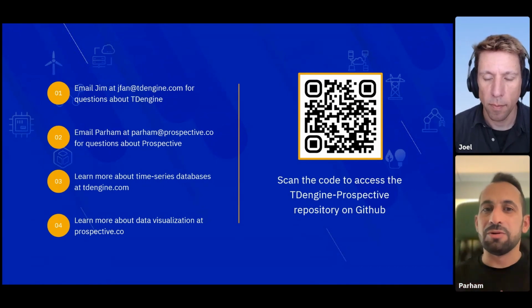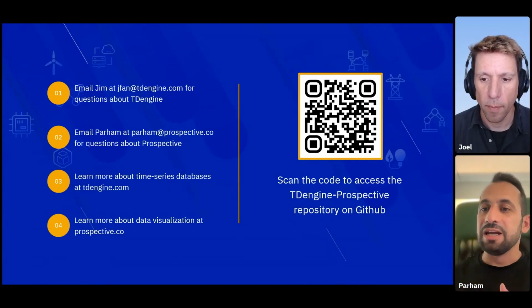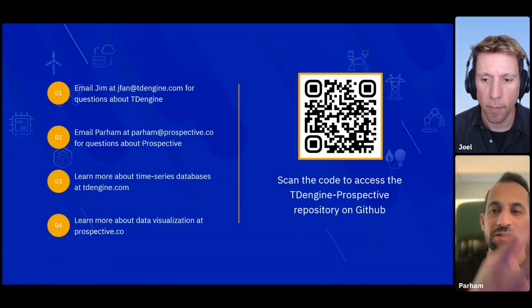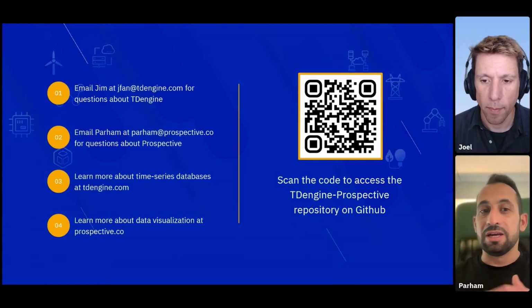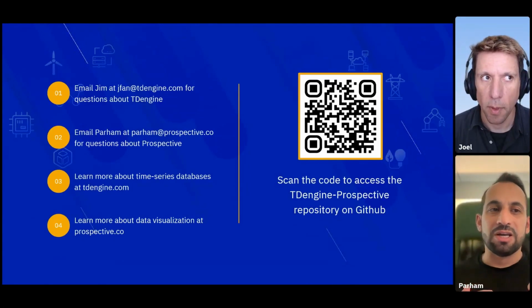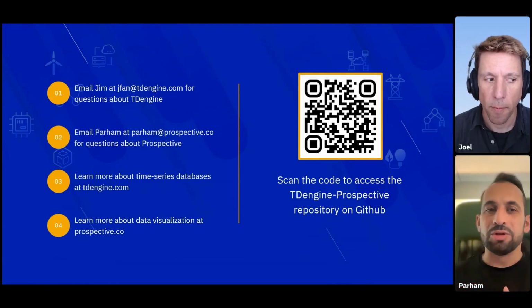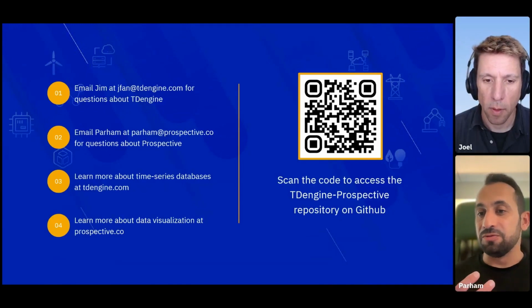And that's what I was showing. So with that, you just need your SQL statement and connection configuration, and the browser Perspective connects to the TDengine Cloud, again, all within the browser. There's no server component to that, and it starts bringing the data and allowing you to visualize that data right away.